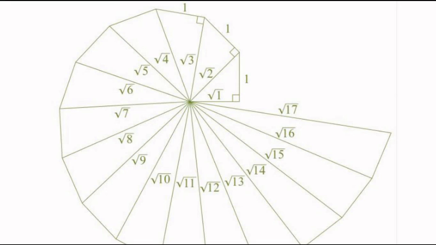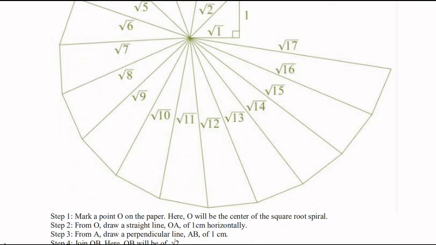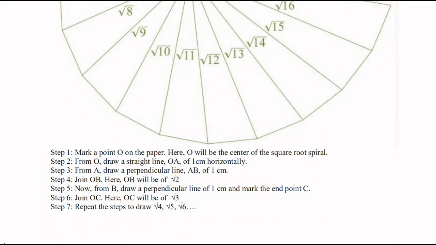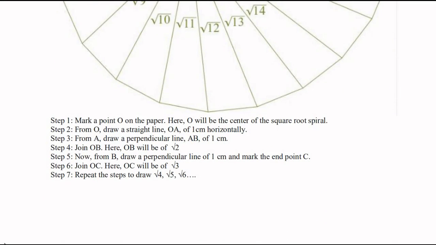So let's see how to draw it step by step. Step 1. Mark a point O on the paper. Here O will be the center of the square root spiral. Step 2. From O, draw a straight line OA of 1 cm horizontally. Step 3.